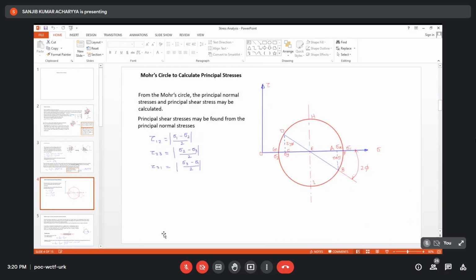So similarly, in three-dimensional stresses, three principal stresses are there, and the mutual difference of these three principal stresses divided by 2 will give the magnitude of three extreme shear stresses. Is it clear?